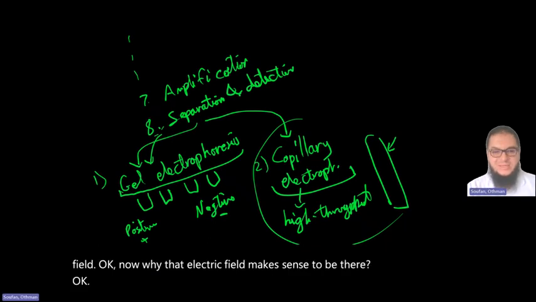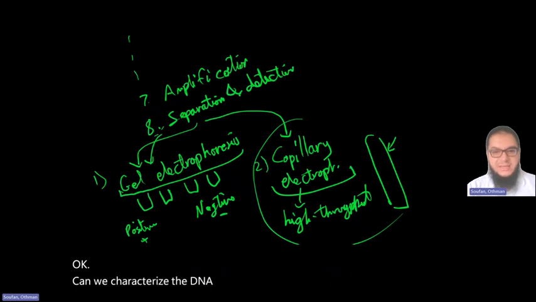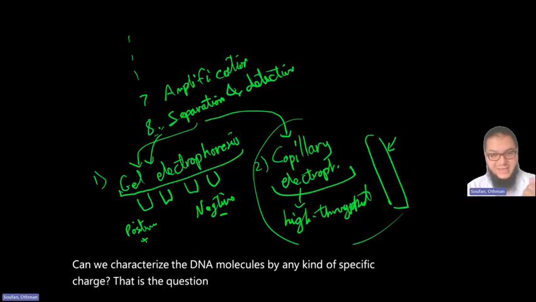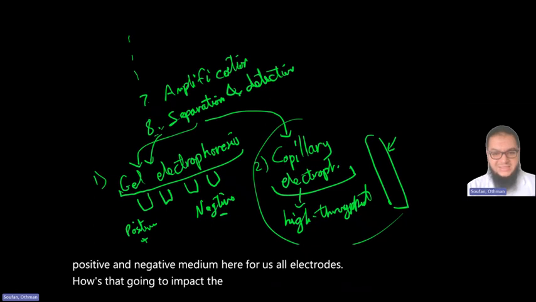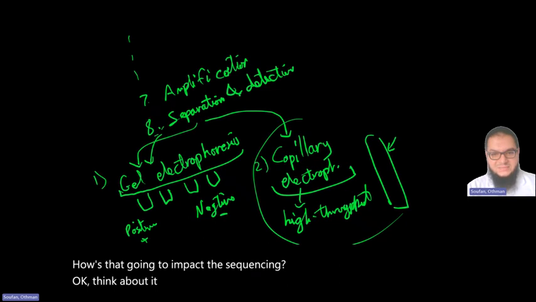Can we characterize the DNA molecules by any kind of specific charge? That is the question, okay? In other words, if we have positive and negative medium here for us, or electrodes, how's that going to impact the sequencing? Okay, think about it for a moment.